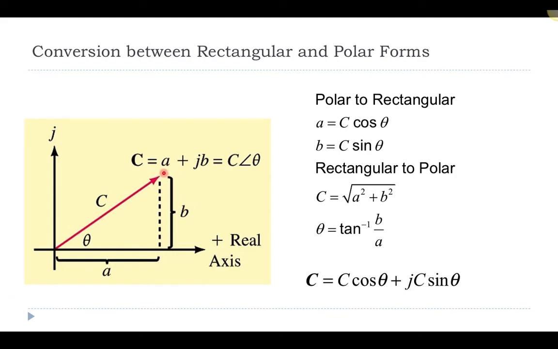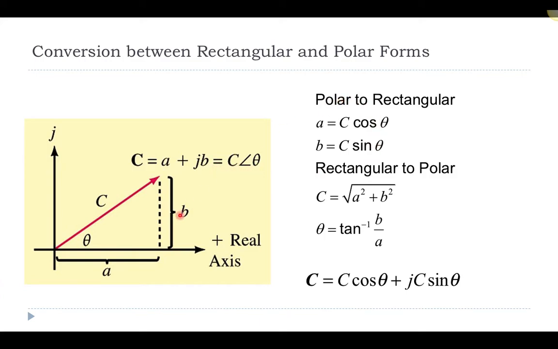And I can represent this in rectangular form, which is A plus jB, or I can represent it in polar form, where it has some length associated with it here, and I can find that length by using Pythagoras' theorem, the square root of a squared plus b squared, and some angle with respect to the real axis, and I can find that angle by taking the tangent inverse of opposite over adjacent. And so now I have a way of going between the rectangular form and the polar form.